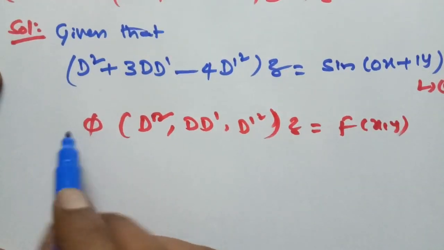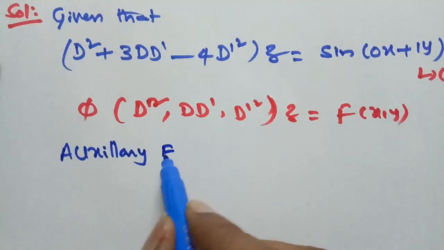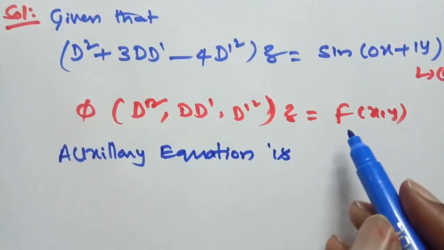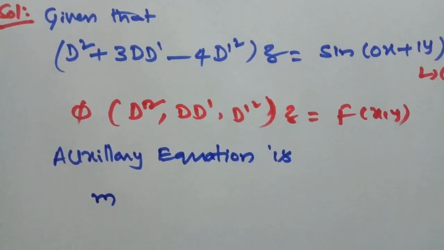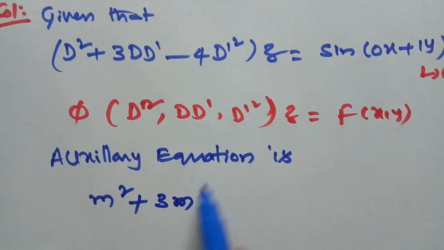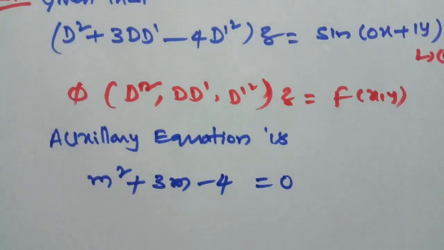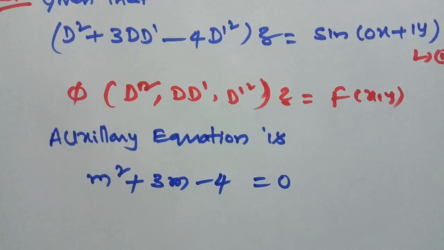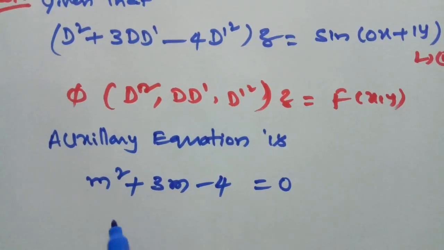Now the auxiliary equation is m square plus 3 into m into 1 minus 4 equal to 0, by substituting D equal to m and D dash equal to 1 and equating to 0, we get the auxiliary equation. Now factorize 1 into minus 4, which is minus 4.